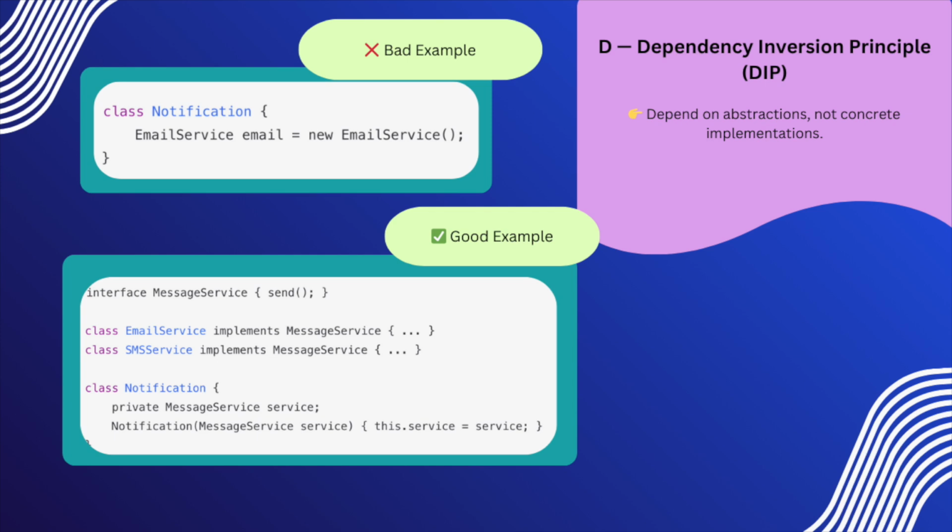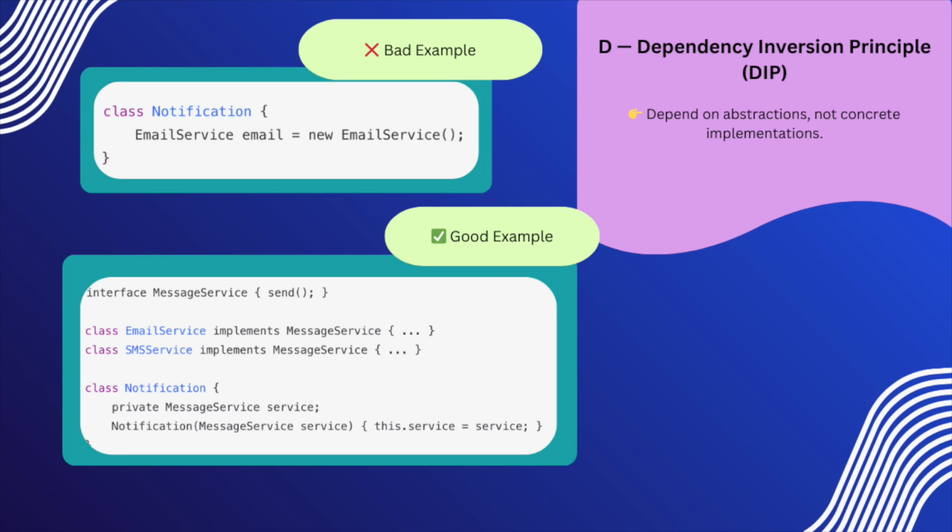First you define an interface MessageService that will have a send function. Then you implement a class that implements your interface, where the send function is defined according to email. Class SMSService will also be implemented, implementing MessageService, with send defined according to SMS.